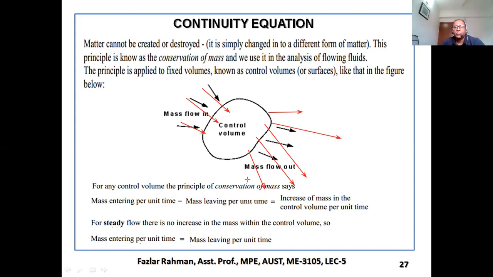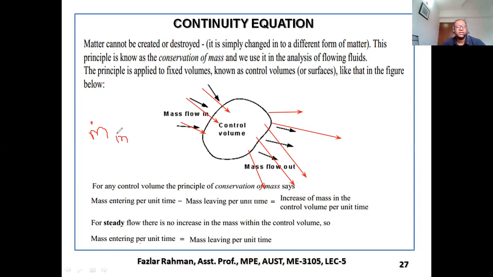Now, how much is the mass increasing inside the water tank? How can we figure it out? You can figure out the mass entering per unit time, right? That is the mass in minus the mass leaving per unit time. Mass per unit time is normally expressed by m dot, which means mass flow rate.